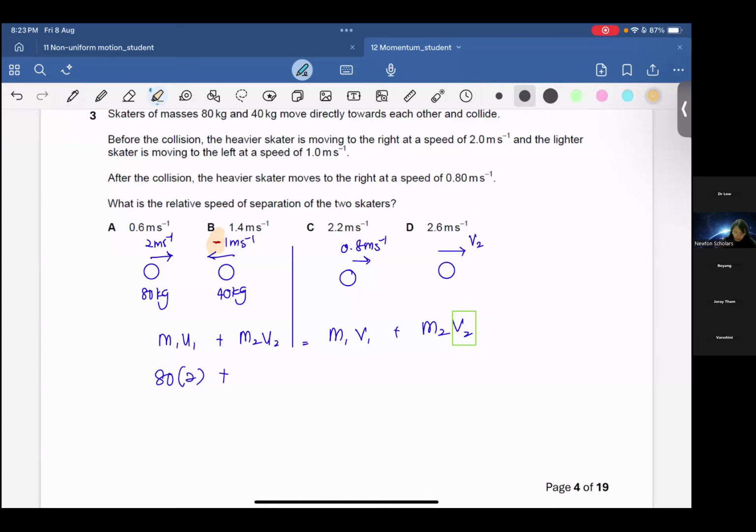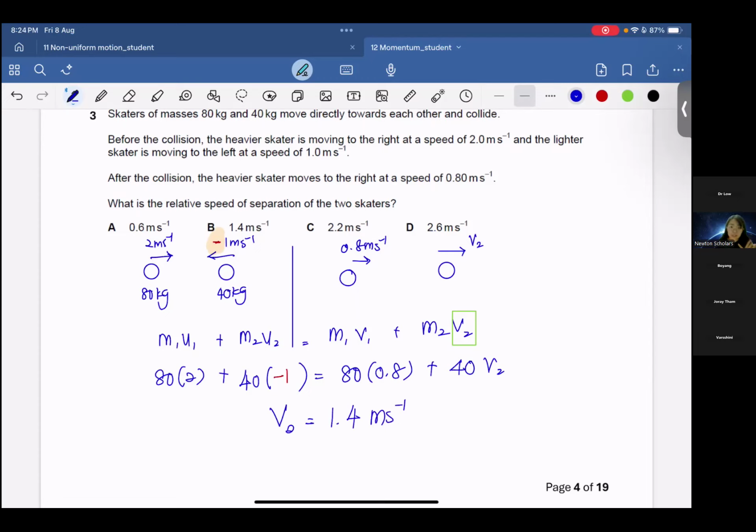So here, I encourage you, if you make a mistake right now, use a highlighter to highlight it, so next time when you do revision, you will pay attention to that. So this one should be -1 equals the mass unchanged, 0.8, plus 40 V2. If you do it correctly, your V2 should be 1.4 meters per second.